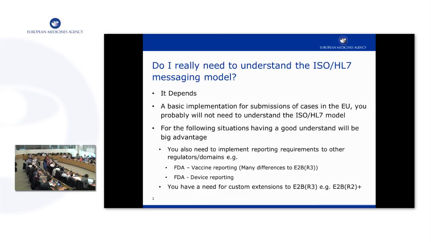I know that some organizations have an E2B plus. I've heard this rumor around. I'm not familiar with it, I've never seen it, but there are some extensions that have happened in the past to R2 to support some additional use cases. You could fully incorporate those in R3. It's extensible, you can just add them in. But don't add them in the wrong place, otherwise it could cause confusion and processing issues.